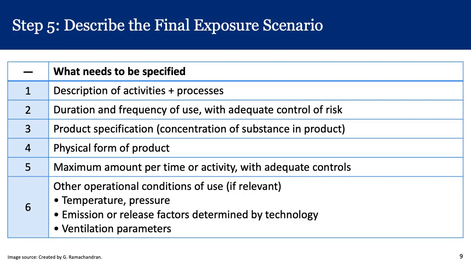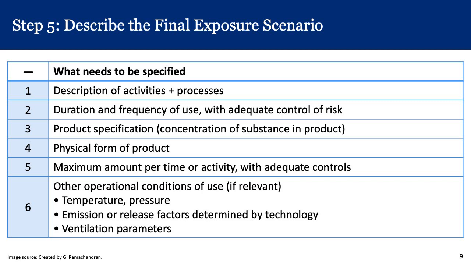So the final step of this scheme is to describe the final exposure scenario that is safe for all possible uses of this product. And this includes a description of the activities and processes that are considered safe for this product, the duration and frequency of use, adequate control of risk.